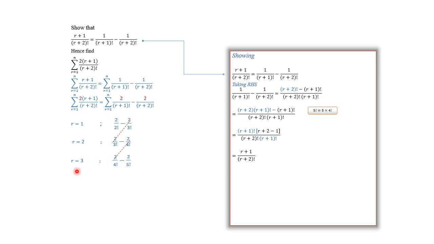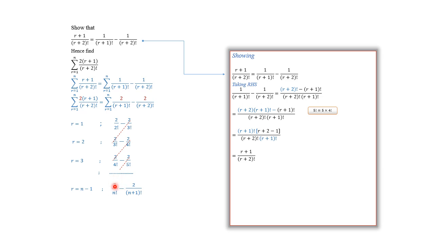Then when r equals 4, minus 2/5! will cancel with the term at r equals 4. This pattern will continue up to the end. So we can go to r equals n minus 1 before we arrive at the final term when r equals n. When r equals n minus 1, we have 2/n! minus 2/(n + 1)!.